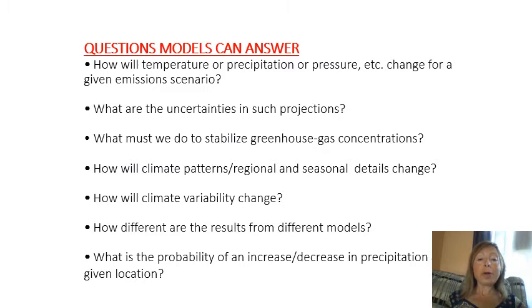Climate models can also help us to determine probabilities of changes in various climate variables, for example, an increase or decrease in precipitation, or increase or decrease of runoff or other variables in different locations.